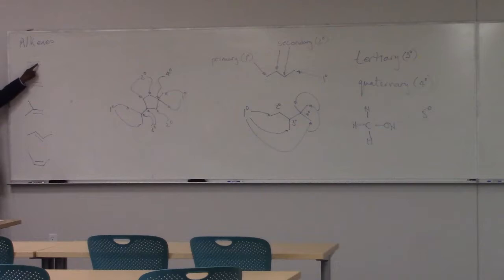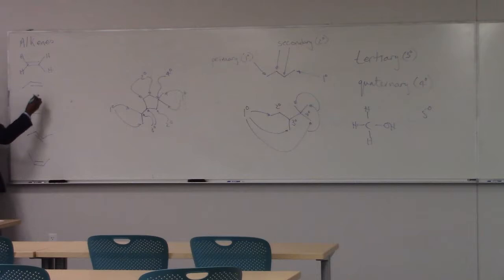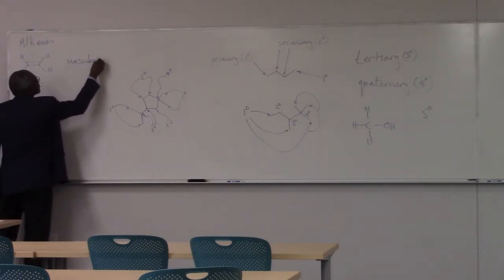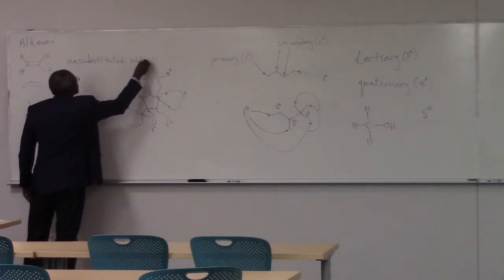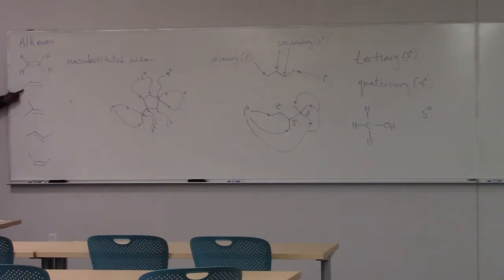This alkene has no alkyl groups on it, right? In other words, this essentially will have H's. So I'd say this is an unsubstituted alkene. This will be mono-substituted.